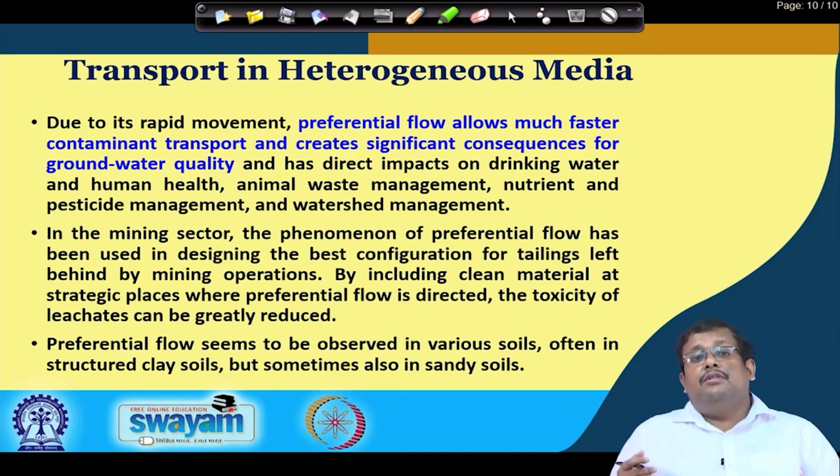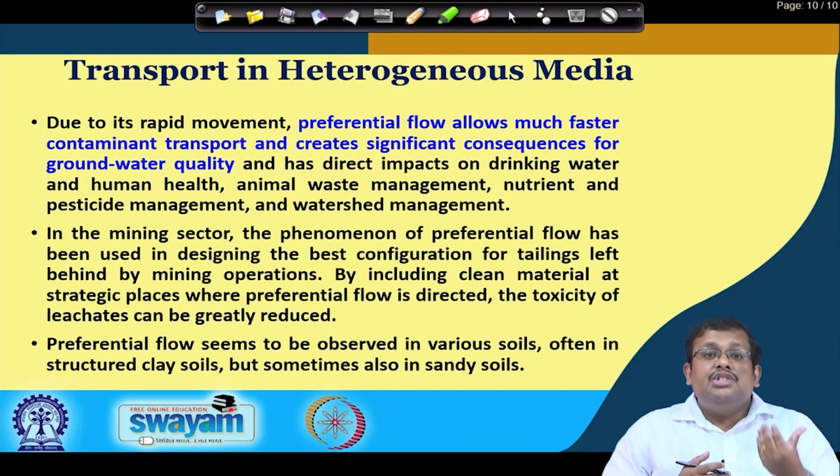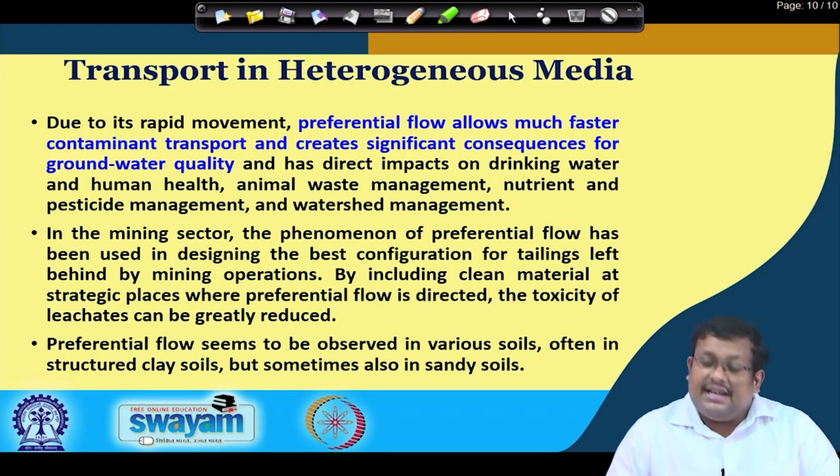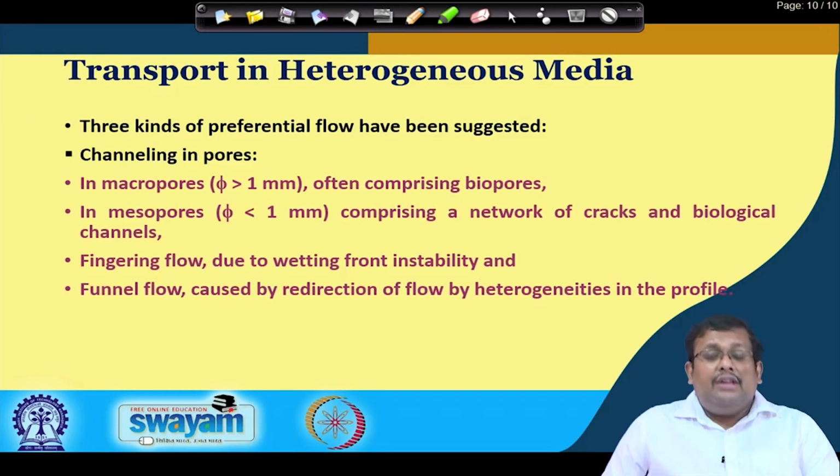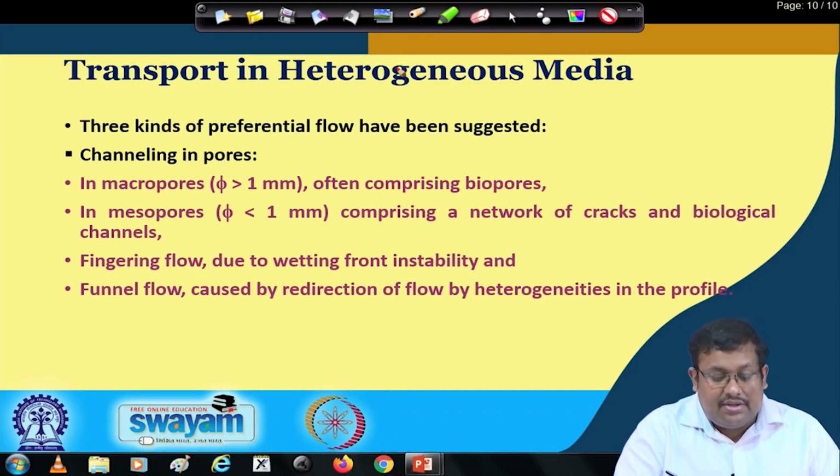Now, preferential flow seems to be observed in various soils, often in structured clay soils, but sometimes also in sandy soils. Now, there are three kinds of preferential flow that have been suggested. One is channeling in pores. So, channeling in macropores, which are greater than 1 millimeter, often comprises the biopores.